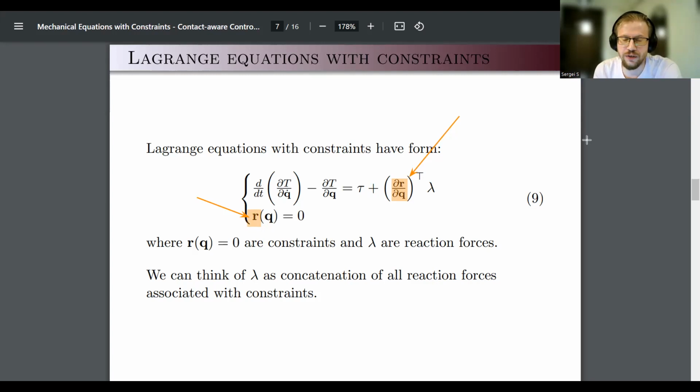So just to give one example of what it could all be: imagine you have a two-link robot in space. Here's a joint, here are two links in space.